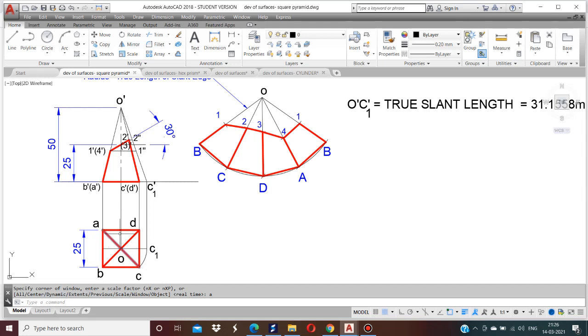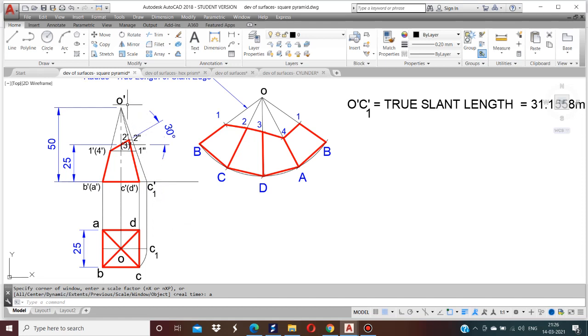So all the triangle faces are inclined, and all the slant edges are inclined. To make the slant edge parallel, measure the OC radius in the compass, and with O as center, draw an arc. The arc intersects at C1. From C1 draw a vertical line up to the reference line and mark it as C1 dash.